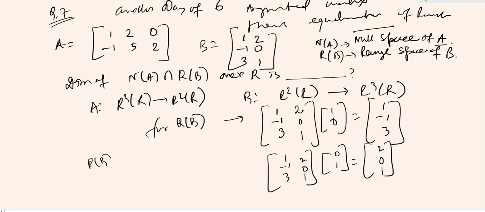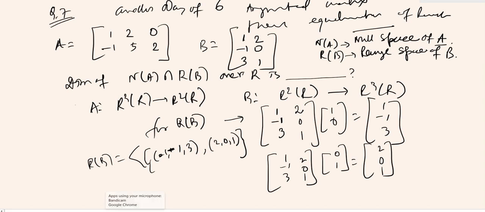So basically R of B is here. Now as we want elements of N of A intersection R of B, we want the elements of R of B whose image is zero under the linear transformation of A, isn't it?